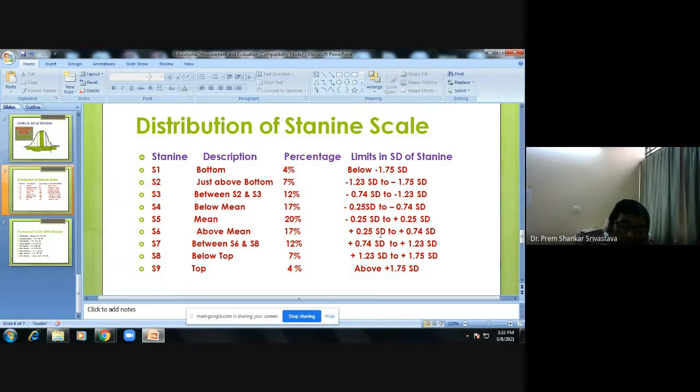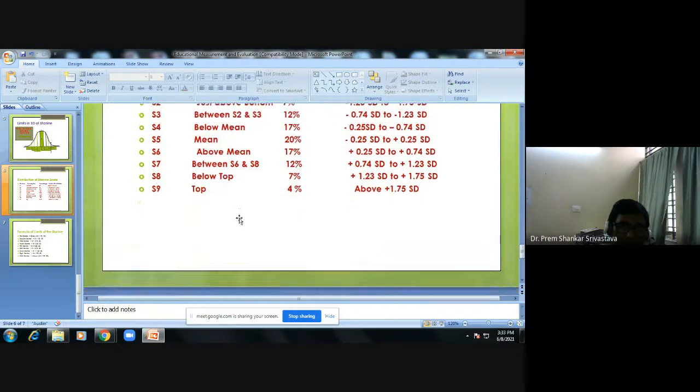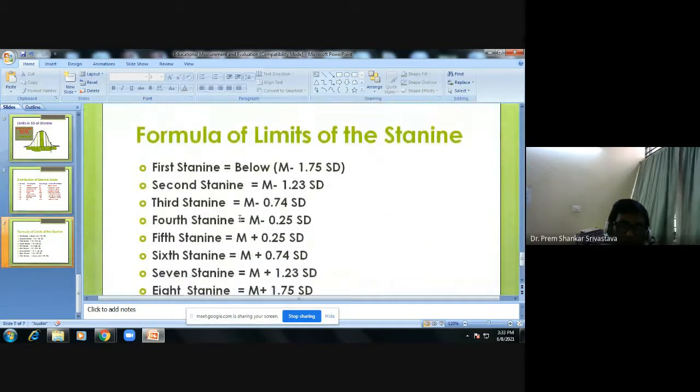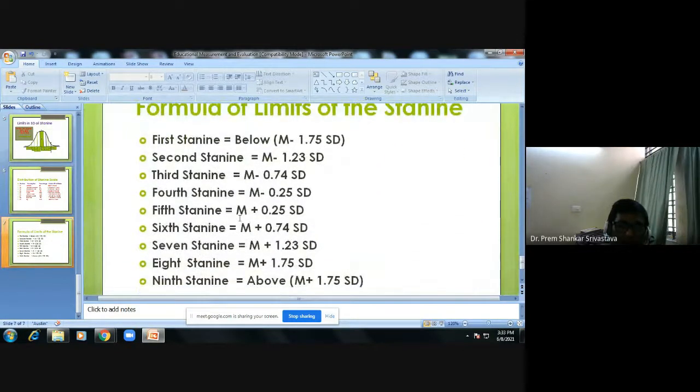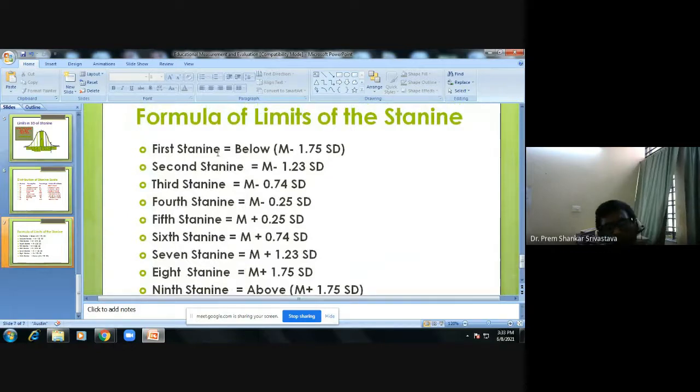So this is the distribution of the Stanine scale with the description, percentage, and limits in standard deviation. What will be the formula for this? The first Stanine is below M minus 1.75 standard deviation.